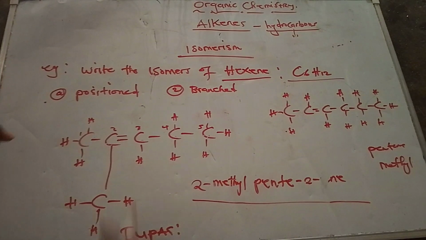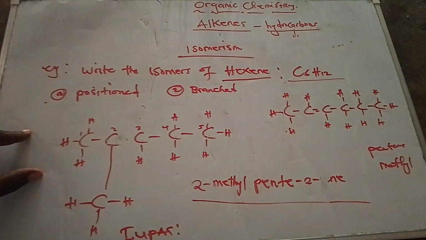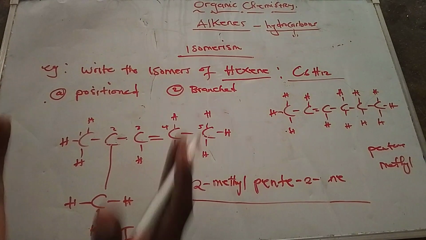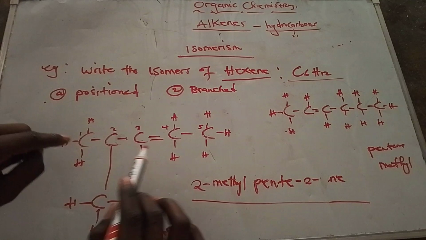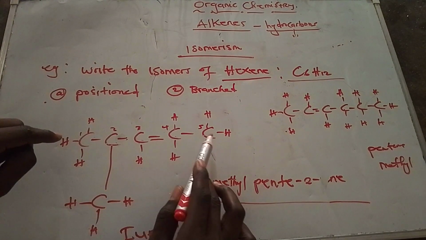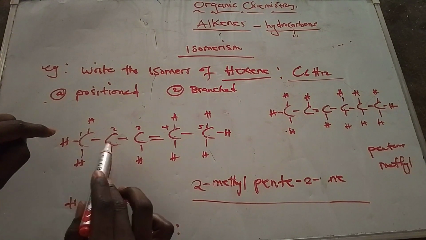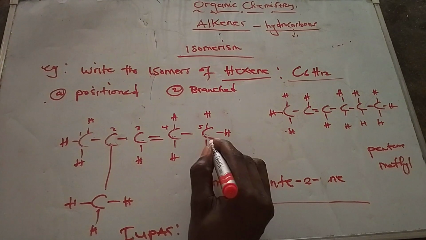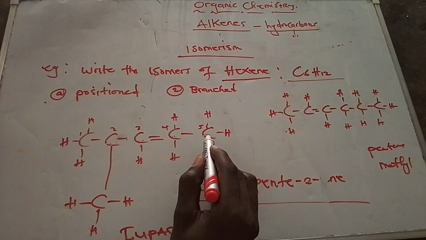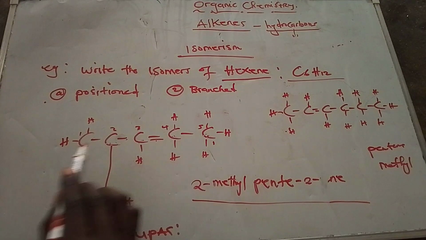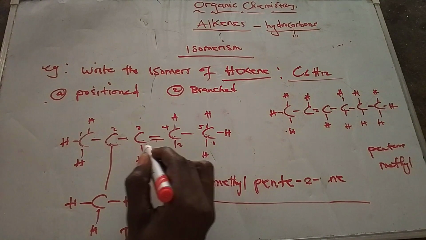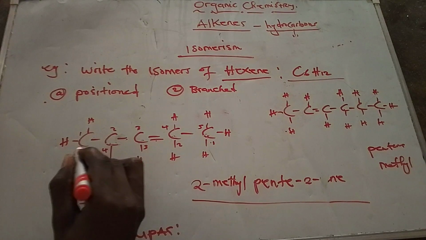If I change this one, maybe put it here. Now I'll use the same one to explain everything. If I change this one, so 1, 2, 3, 1, 2. So we'll start counting now the carbons from here, because this one is nearer to this one than this one. So in this case, it will be 1, 2, 3, 4, 5.